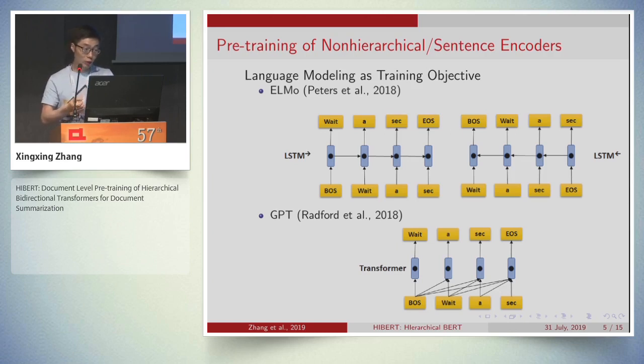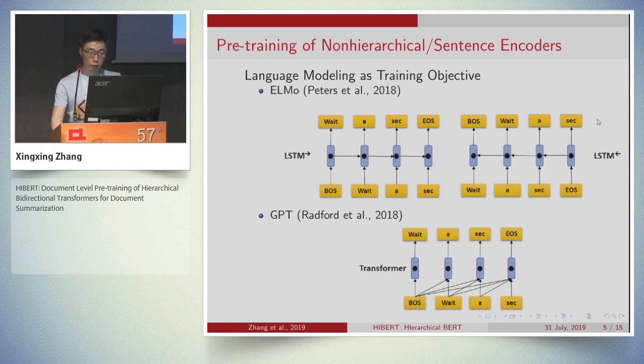For instance, ELMo is such an example using 2 LSTM language models, one left to right and the other right to left, and GPT is a left to right transformer model. But one drawback of this kind of model is that during training time, they can only leverage the context from one direction. But during test time, in many tasks, they have the context from both directions, but not well used.